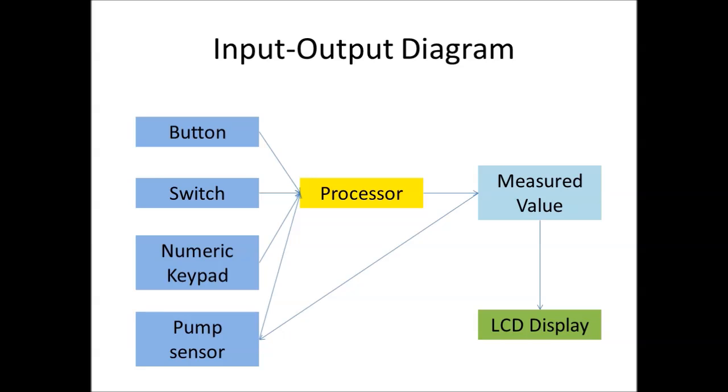And how does it convert those measured values? Does it put them into auditory feedback, LCD displays, and things of that nature? This is just a very generic example, not really relating too much to this device that you'll be working with, but once you get your device, you want to make a specific input-output diagram based on all the inputs and all the outputs, all the useful information that goes back to the user.